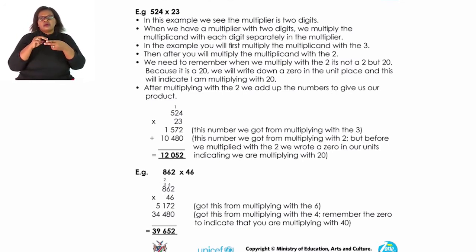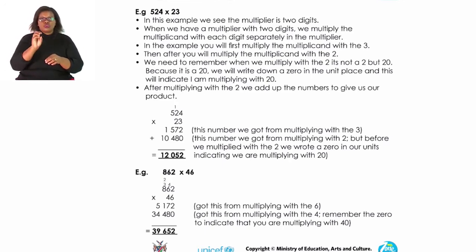Then after, you will multiply the multiplicand with the 2. We need to remember, when we multiply with the 2, it's not a 2, but 20. Because it's a 20, we will write down a 0 in the unit place, and this will indicate I'm multiplying with 20. After multiplying with the 2, we add up the numbers to give us our product.